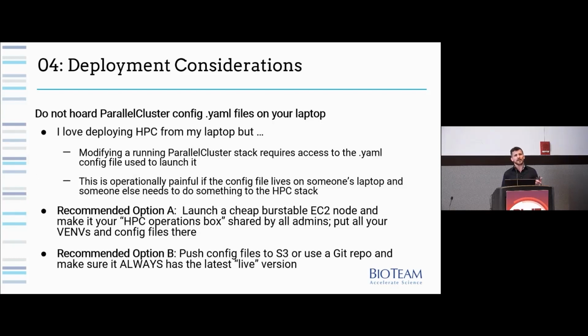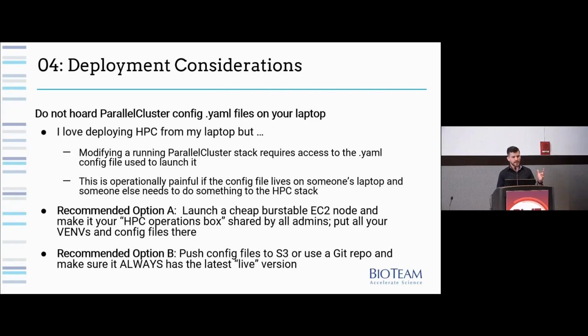While it's very easy to launch this stuff off of your laptop and your config files can be local, I wouldn't recommend that, mainly because you need that YAML file to interact with that cluster. I think there's even a feature now in ParallelCluster that lets you host that config file in S3. But if not, S3 is a good place to stash that config file so that even if someone's laptop is not around, you might be able to still talk to their cluster.